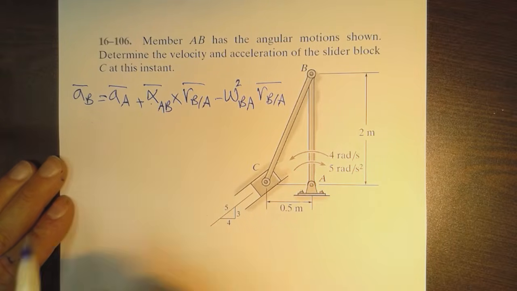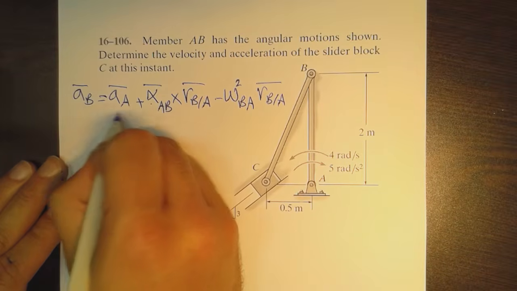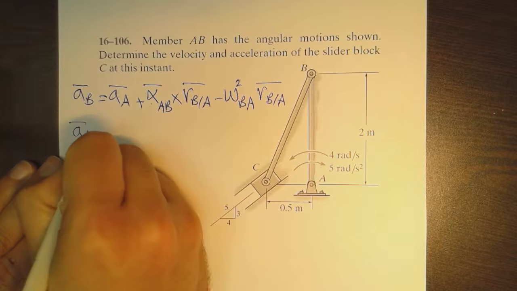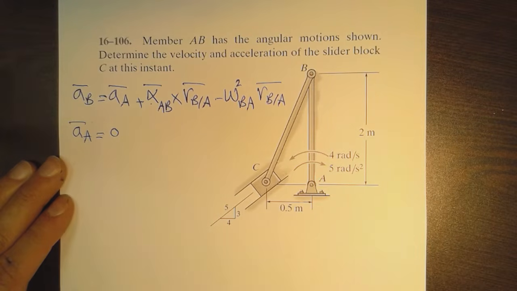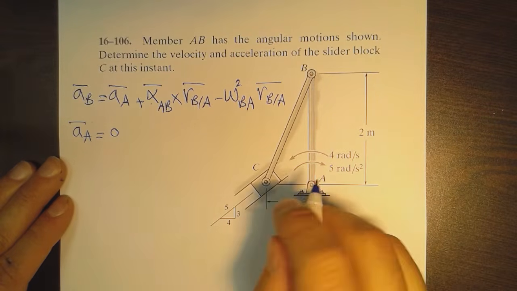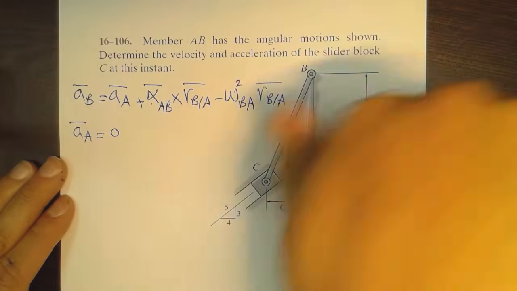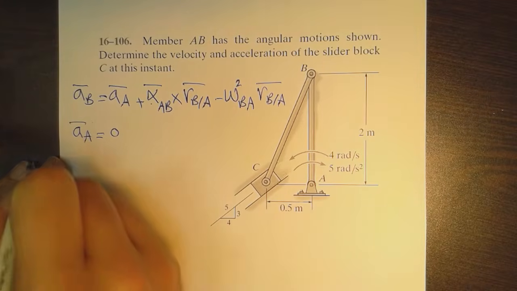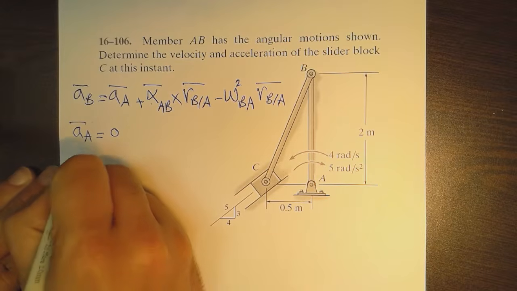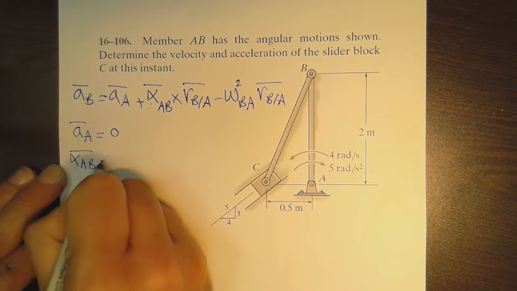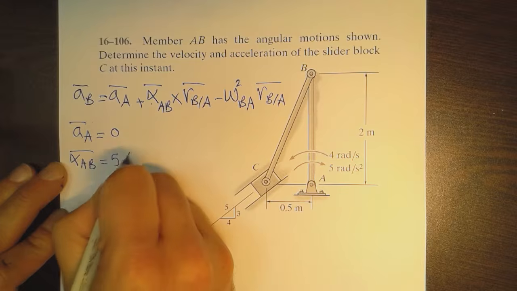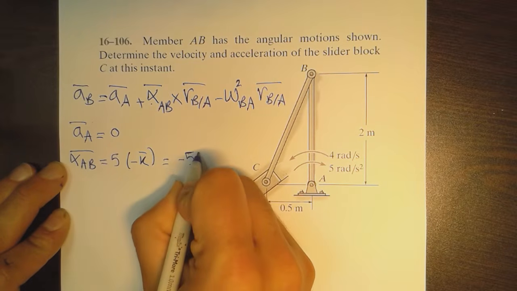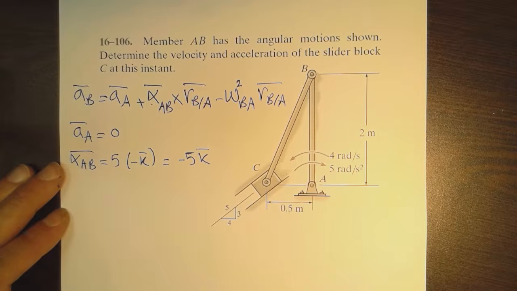Now for A, we know it is fixed, it doesn't move in any way, so the acceleration of A is equal to 0, of course. For alpha, because it is in the negative direction, or clockwise, we can write alpha AB is equal to minus 5k.